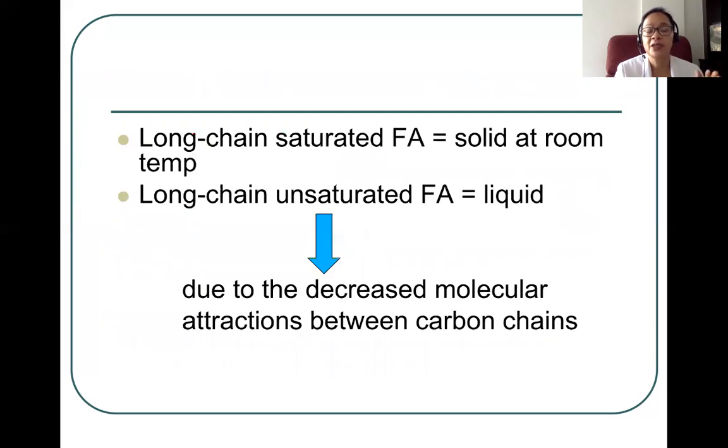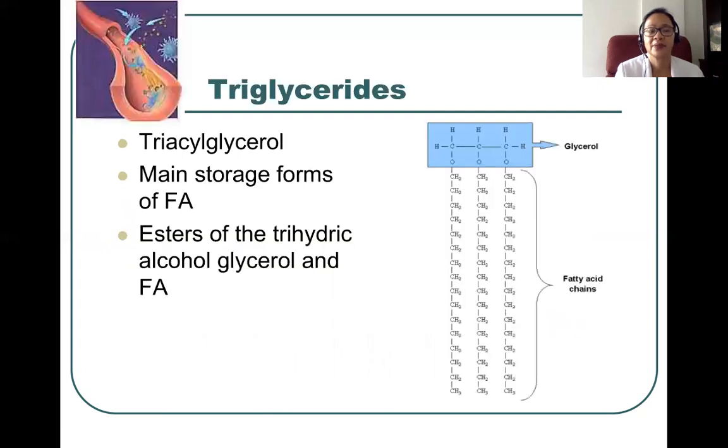So the longer chain saturated fatty acids, like butter and margarine, may remain solid at room temperature. The long chain unsaturated fatty acids like your olive oil may remain liquid at room temperature, because of the decreased molecular attractions between the carbon chains.